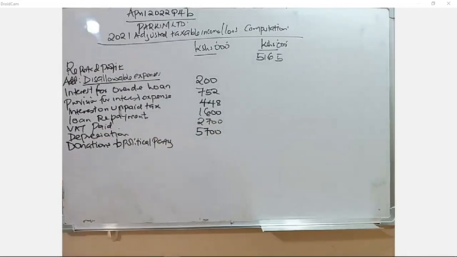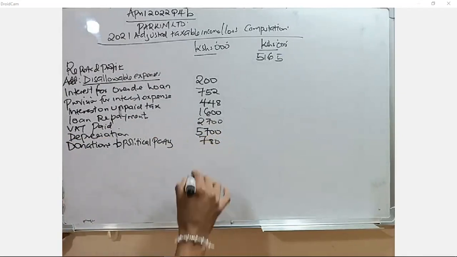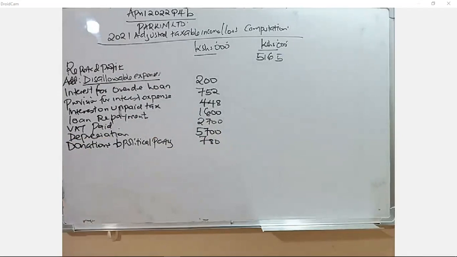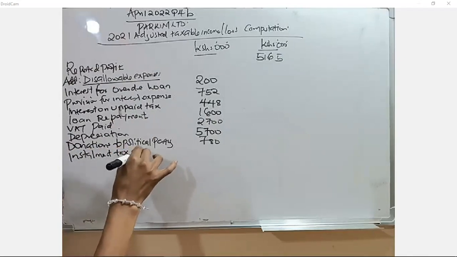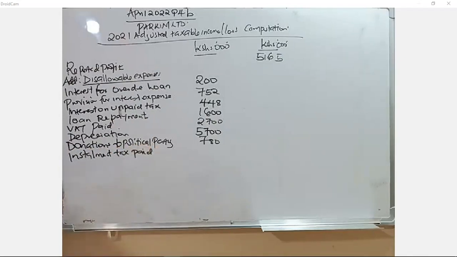Donation to a political party amounting to 780. We have interest expense, which is okay, but I've been told there we have installment tax paid. Installment tax paid amounted to 600.